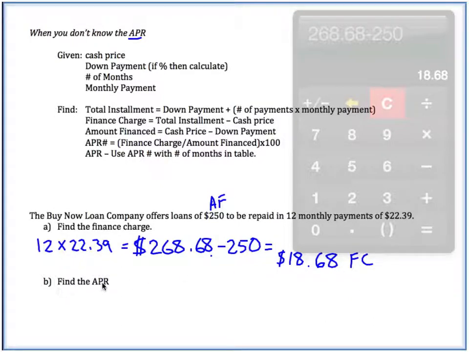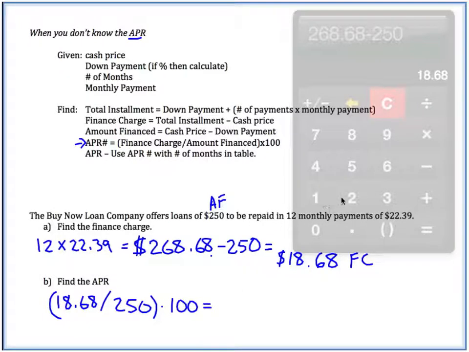Next, I want to be able to find the APR. So to do that, we're going to have to find our APR number first, and that's going to be finance charge divided by amount financed times 100. So finance charge was 18.68. We want to divide that by the amount financed, which was $250. And then we're going to multiply this by 100.